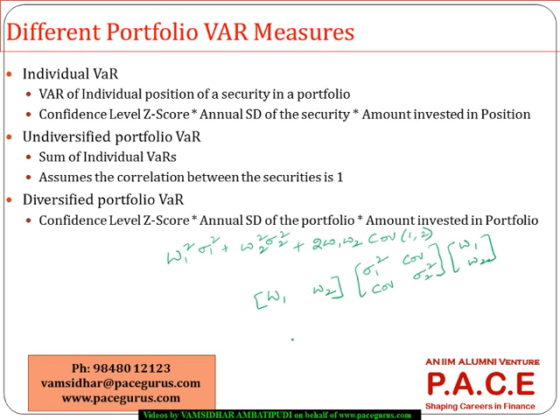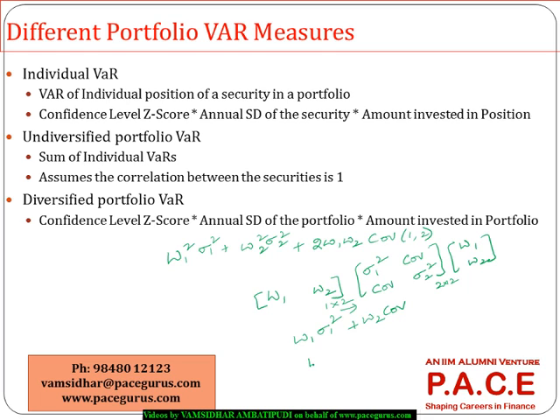Now what is coming out? W1 sigma 1 squared. Now if I multiply these two, it becomes W1 sigma 1 squared plus W2 covariance. And this is a 1 row 2 column matrix. This is a 2 row 2 column matrix. So the multiplication of these two will give you a 1 row 2 column matrix.